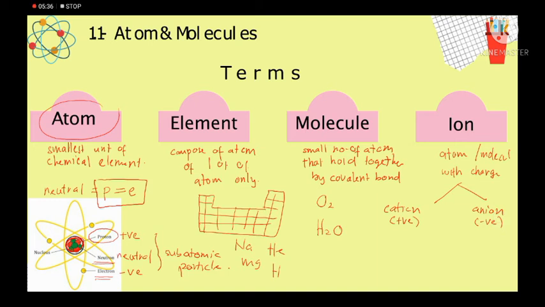How can we form a cation? A cation is formed when an atom or molecule releases electrons. It removes electrons, it becomes a cation. And how about anion? Anion is formed when an atom or molecule accepts electrons. This is the difference between cation and anion.